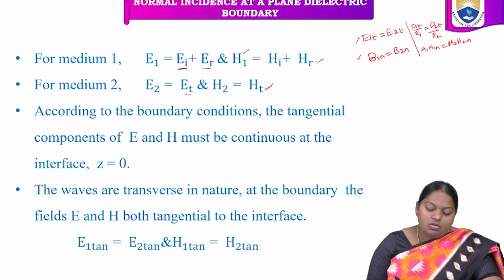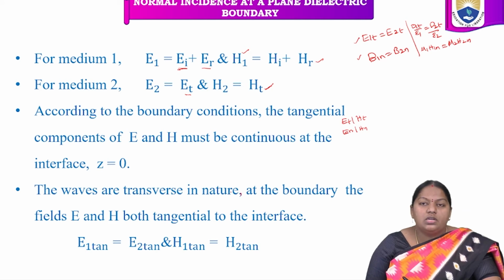Tangential components are represented with Et and Ht. Similarly, normal components are represented with En or Hn. So, the waves are transverse in nature, transmitted along with the reflected. So, the waves are transverse in nature at the boundary.